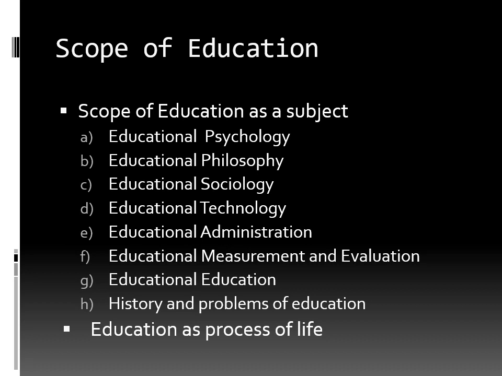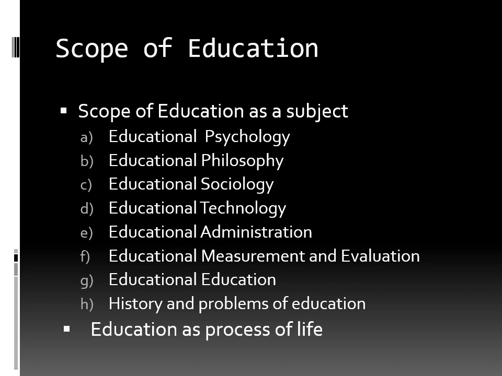It would not be incorrect to say that education is life itself. It is because education covers all the spheres of our life through experiences. The scope of education as a process of life can be well understood from the individual and social functions of education, which have already been discussed in the previous videos.